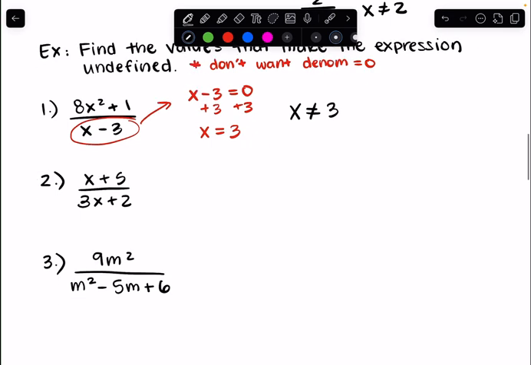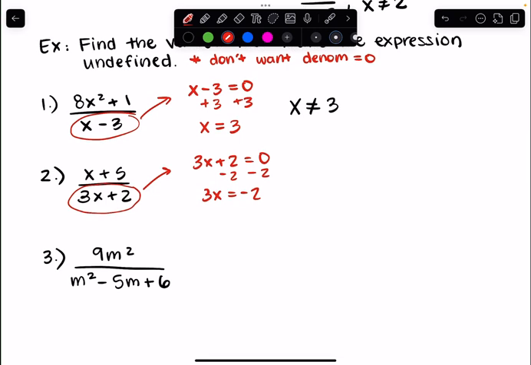All right, let's do the next one. Again, not worrying about the numerator too much, I'm just worried about what happens on the bottom. So we have 3x plus 2, and then you set that equal to 0. I'm going to subtract 2 from both sides. 3x equals negative 2, because all I want to do is get the x by itself. We're trying to find what I plug in here that will give me a 0.